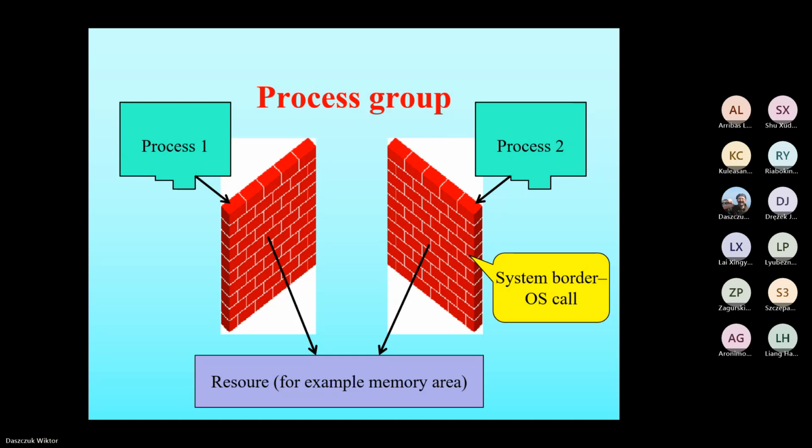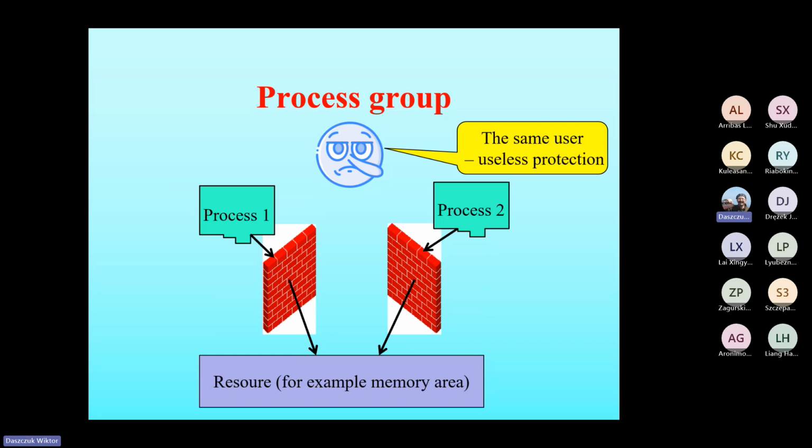However, not in cooperation with other programs, in which the barrier should be as strong as before. That was the reason why the engineers invented process groups with some simplified barrier between processes.